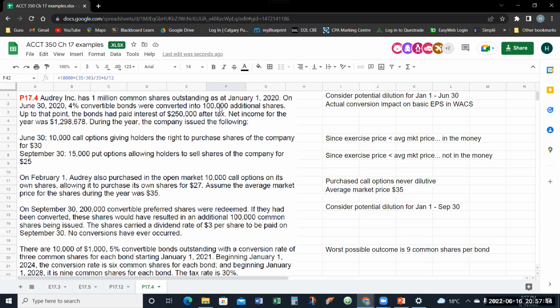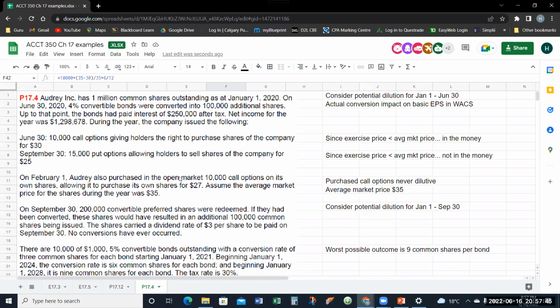So since they were potentially convertible for half a year, 100,000 times half a year, the share effect is 50,000. Now, how much interest had we paid? Up to June 30th, the bonds had paid interest of 250,000 after tax. So that's after taxes. I don't have to worry about doing a tax adjustment on it. It's an after tax number, 250,000.